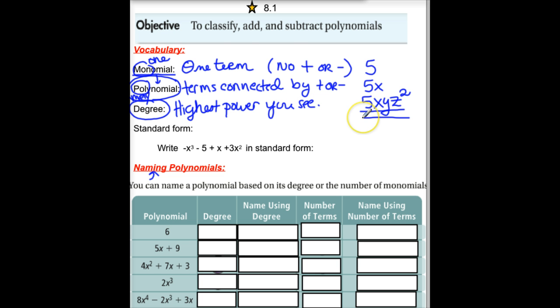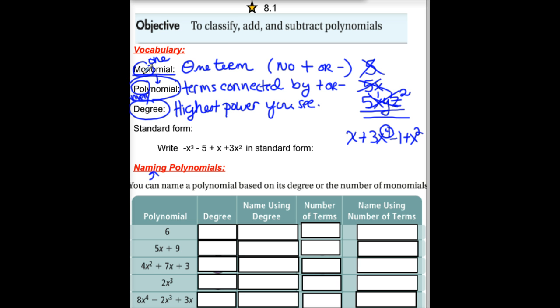If there's multi-variables in it, you add the exponents up, but that's really not important. Just kind of think it's the highest power. You might say, I have no clue what that means. That means this. If you were to see x plus 3x to the 4th minus 1 plus x squared, the highest power I see is a 4, so I call it a 4th degree polynomial. It's as easy as that.